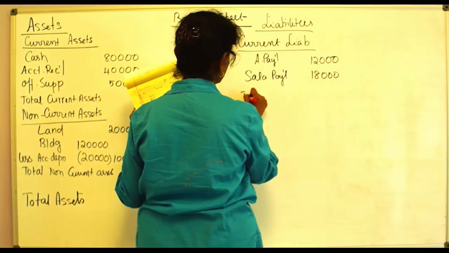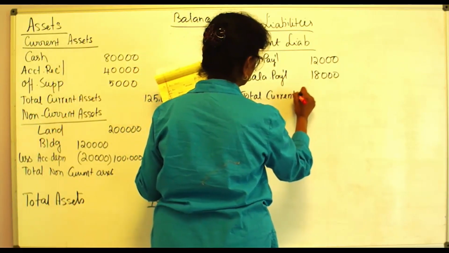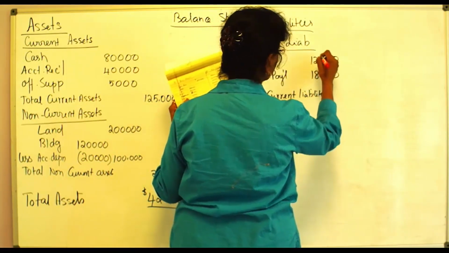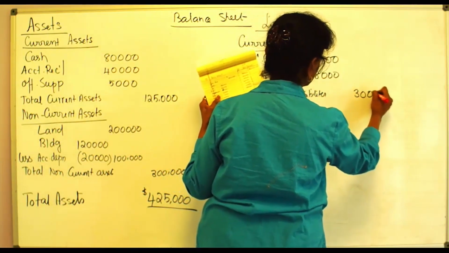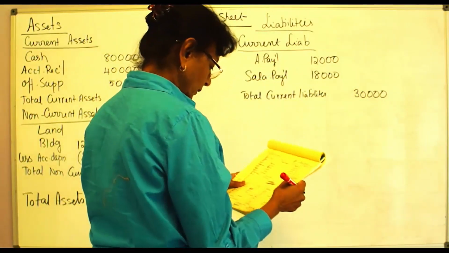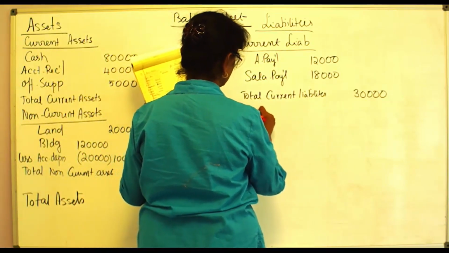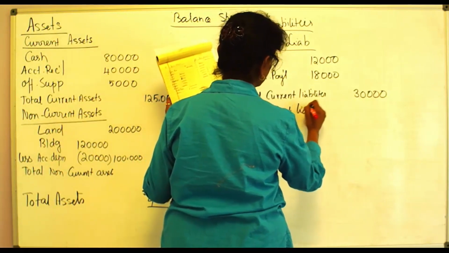So total current liabilities equals 12,000 plus 18,000, 30,000. Then you go to your non-current liability.